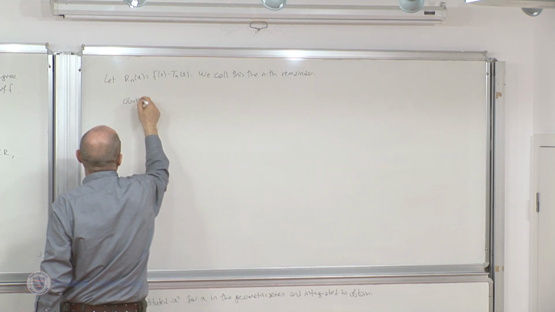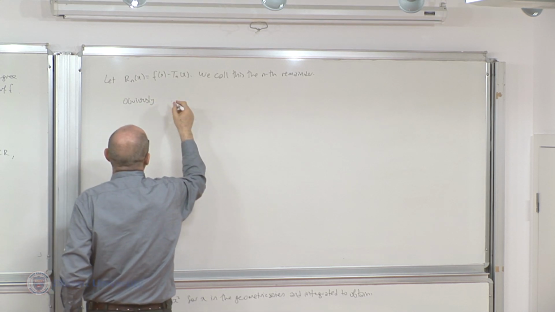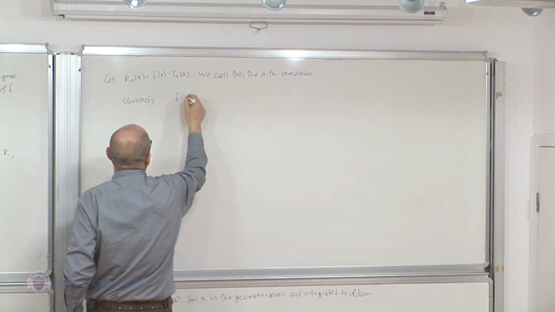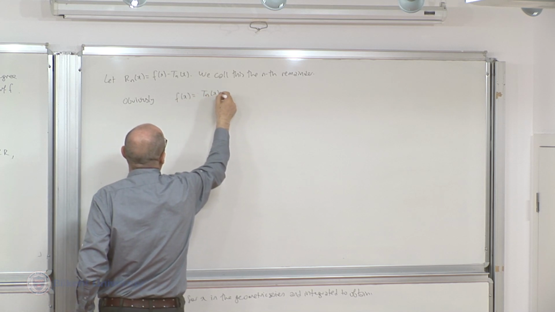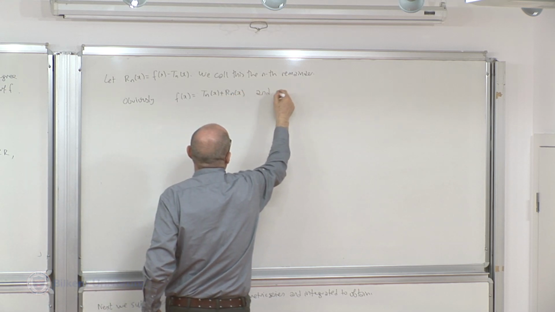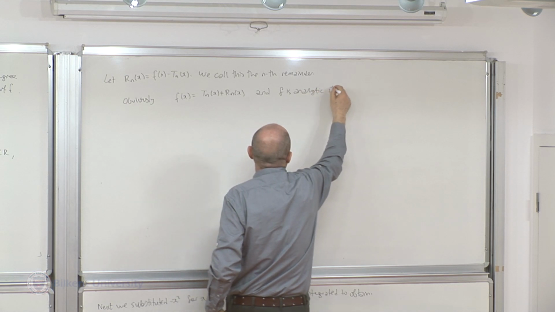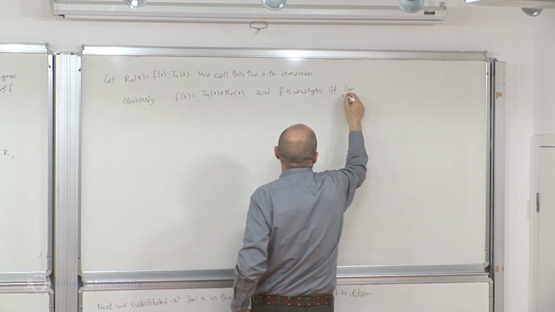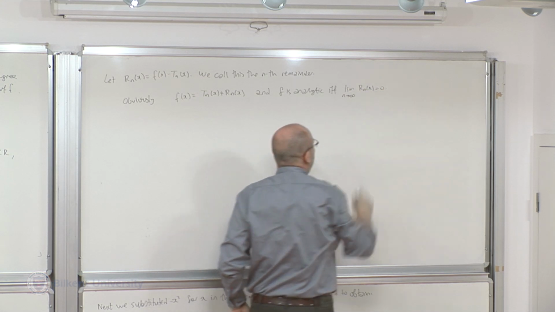Obviously, most ingenious calculations start with an obvious observation that nobody dared to write down. And f is analytic if and only if the limit as n goes to infinity of R_n(x) is equal to 0.